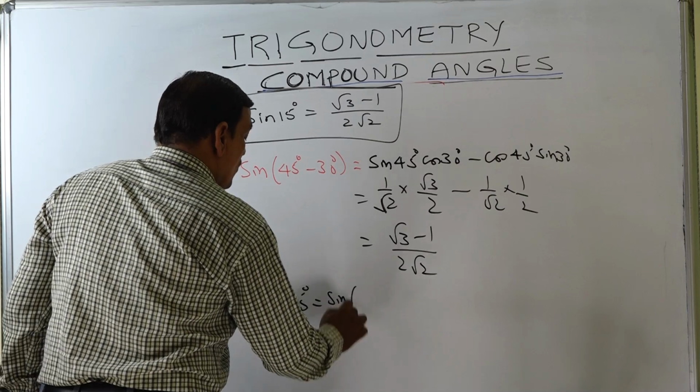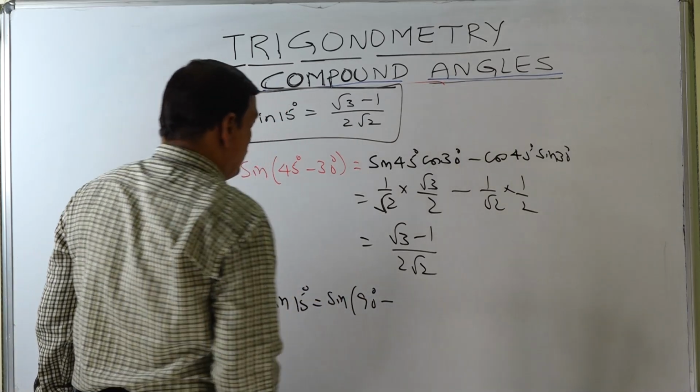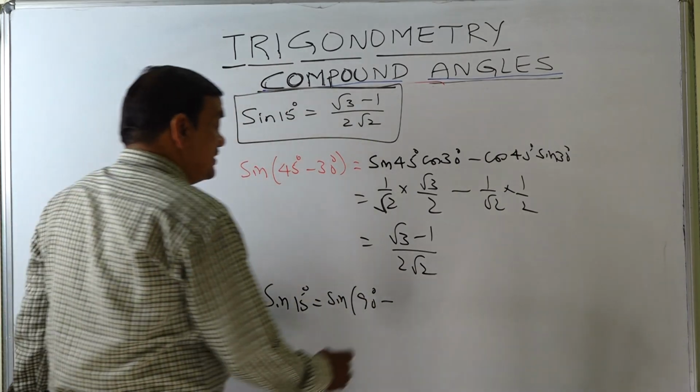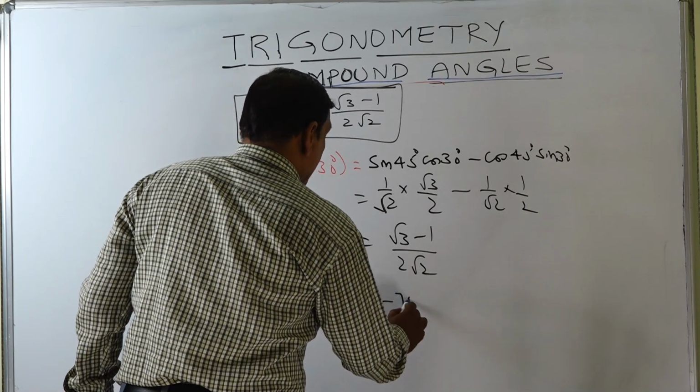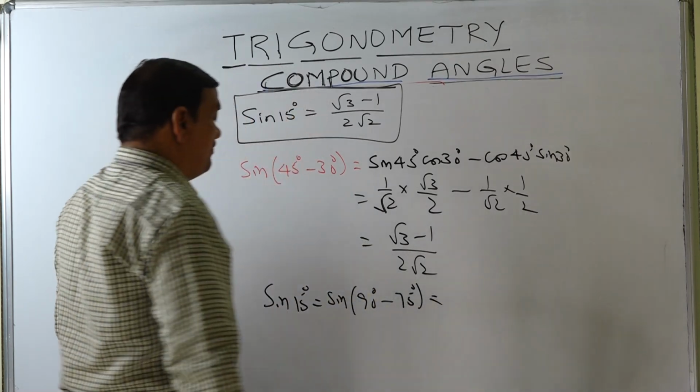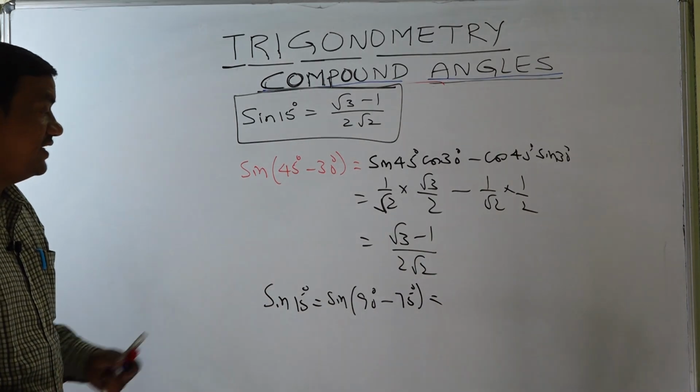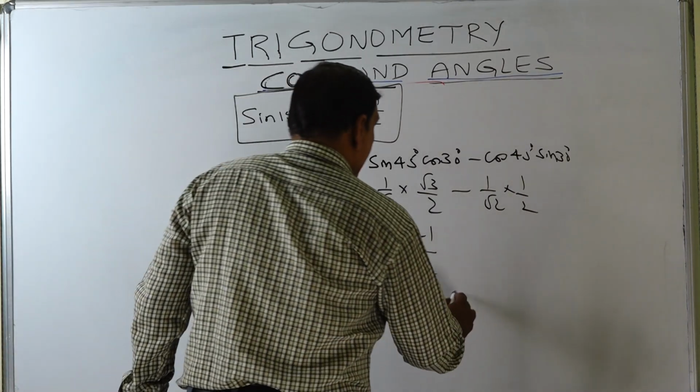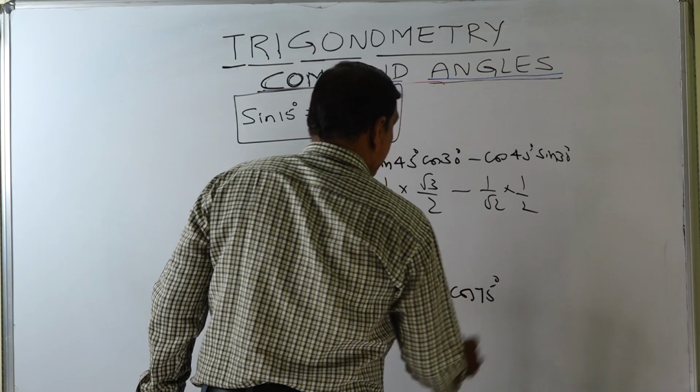Same as, sin 15 degrees can be written as sin of (90 degrees minus 75 degrees). 15 plus 75 is equal to how much? 90. Sin of (90 minus 75) is equal to cos 75 degrees.